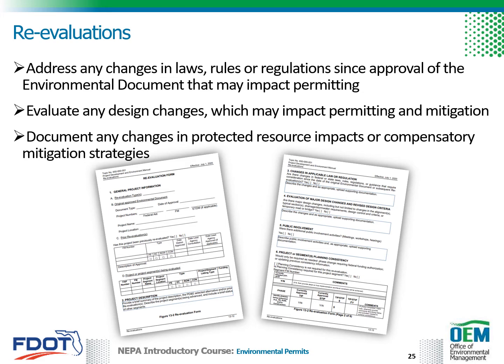In this case, the environmental office and permit coordinator will coordinate to ensure both the reevaluation and permit applications are complete and consistent. A reevaluation form is prepared and swept to document any project changes captured in the reevaluation review. Permitting information should be included in the Status of Permits section of the reevaluation form.